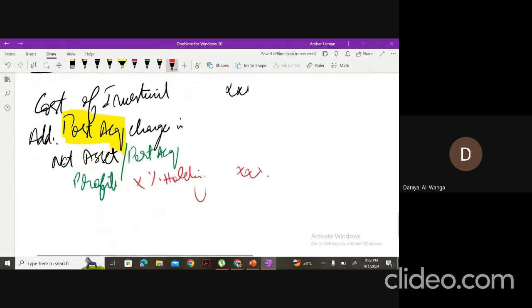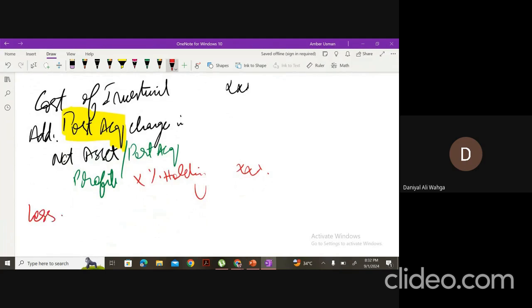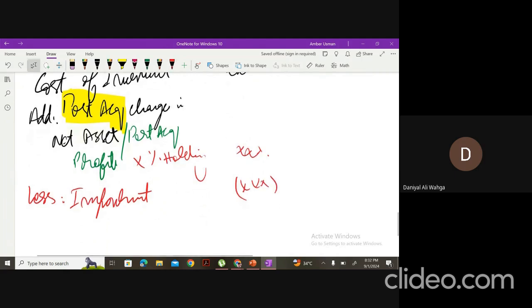Then certain amounts are deducted. If there is an impairment loss as per IAS 36 or as per US GAAP, both allow impairment loss, you are going to deduct that impairment loss. If there is any unrealized profit, that is also deducted.